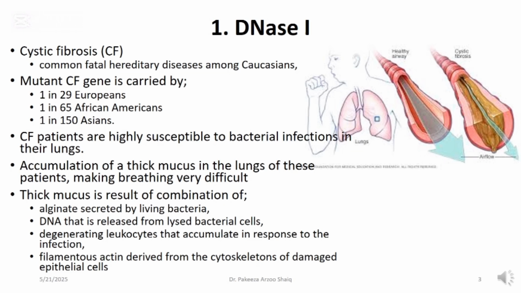The immune cells which are directly related to it are the leukocytes. So they also get degenerated during that process. Those degenerated leukocytes also accumulate in the form of mucus. And the fourth thing which is present in that mucus is the filamentous actin, which came from the cytoskeleton of the damaged epithelial cells. So these four collectively make thick mucus.